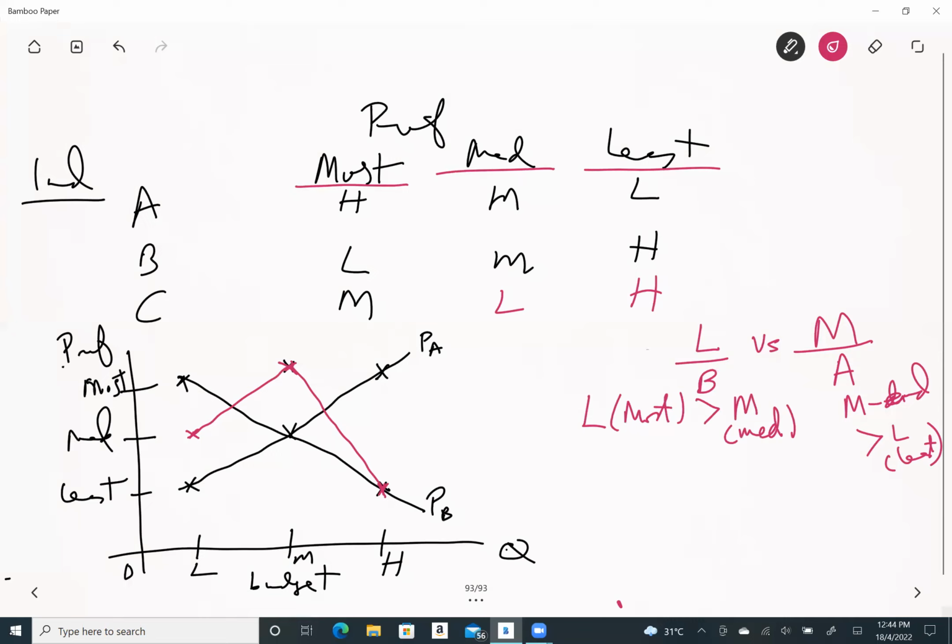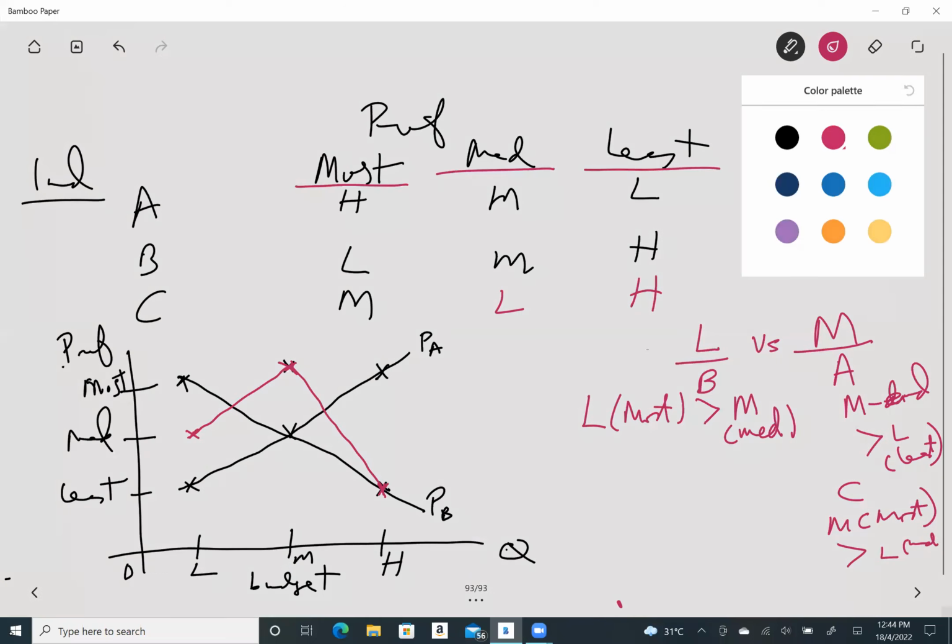Okay, all right. Now you look at C. So C, you vote M. Why? Because M is his most preferred choice, which is better than L, which is his medium.